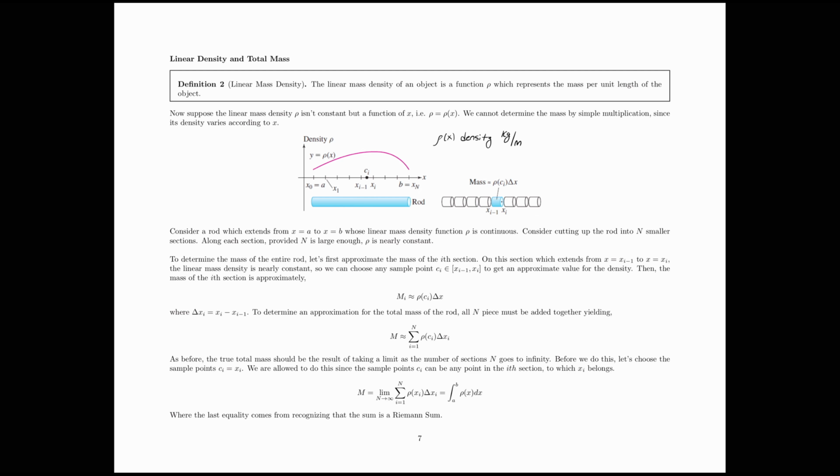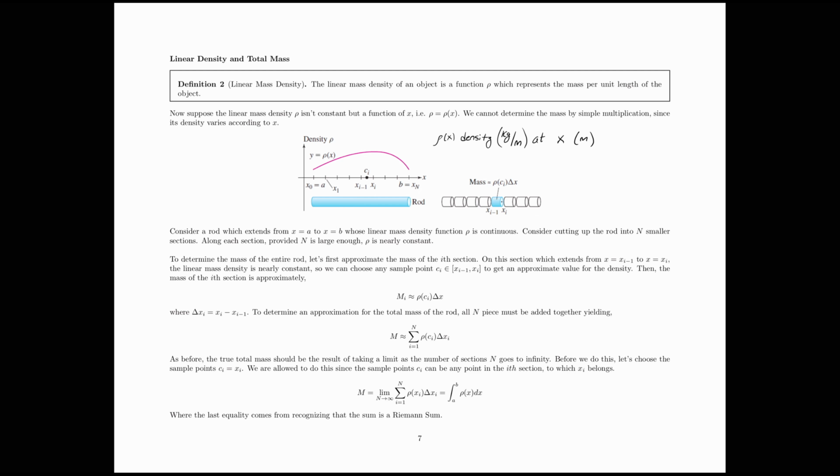And what we're going to do then is figure out the total mass by integrating. So I want to finish this sentence. Sorry, I got a little distracted myself. Rho of x is the density measured in these units at x meters.